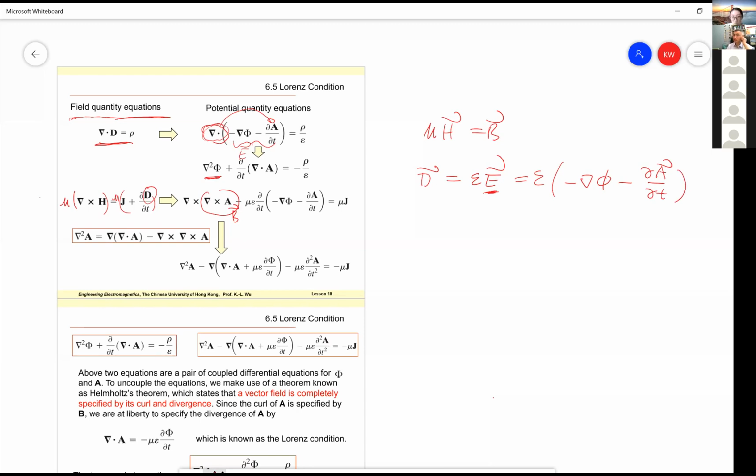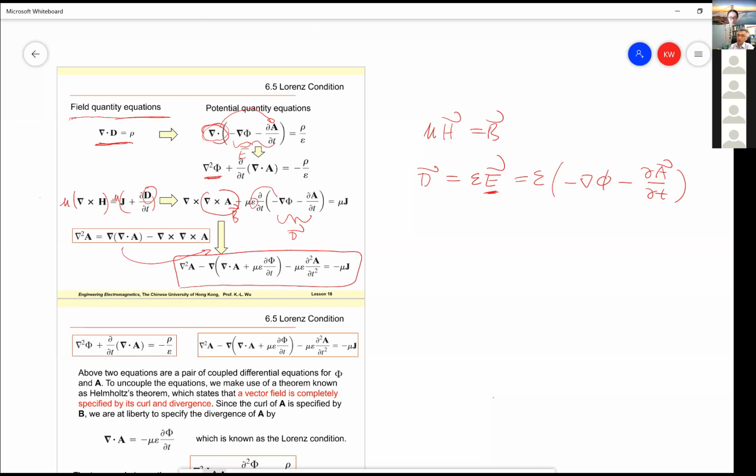So you substitute the D. If you multiply this into this, that is basically D. Then from Ampere's law, we have another equation. Using this vector identity, we can simplify it to this.